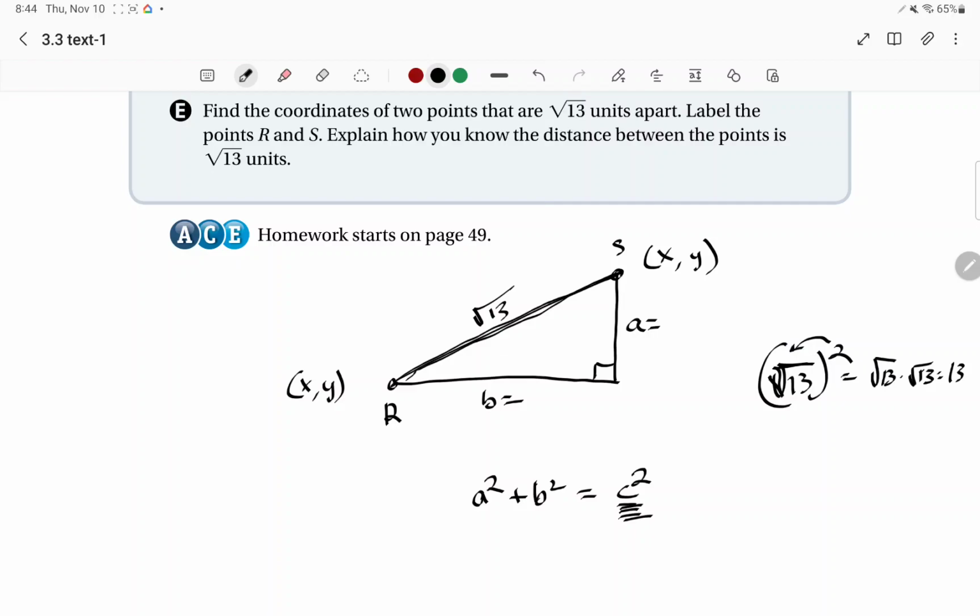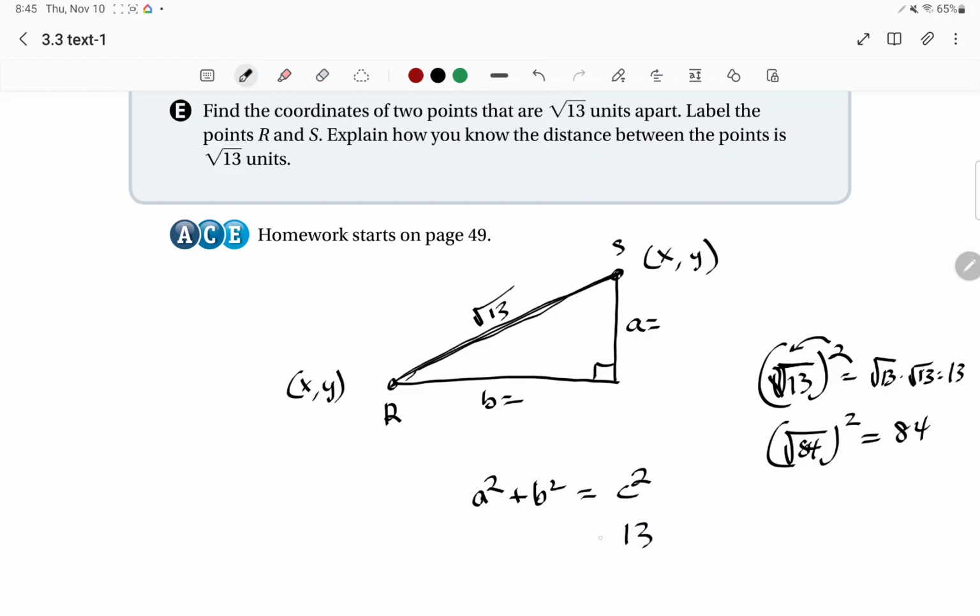So anytime you square a square root, they will cancel. So if you have the square root of 84 and you square that, that's equal to just 84. So when we square the square root of 13, we get just 13. So let's write that in there and get rid of all of those.